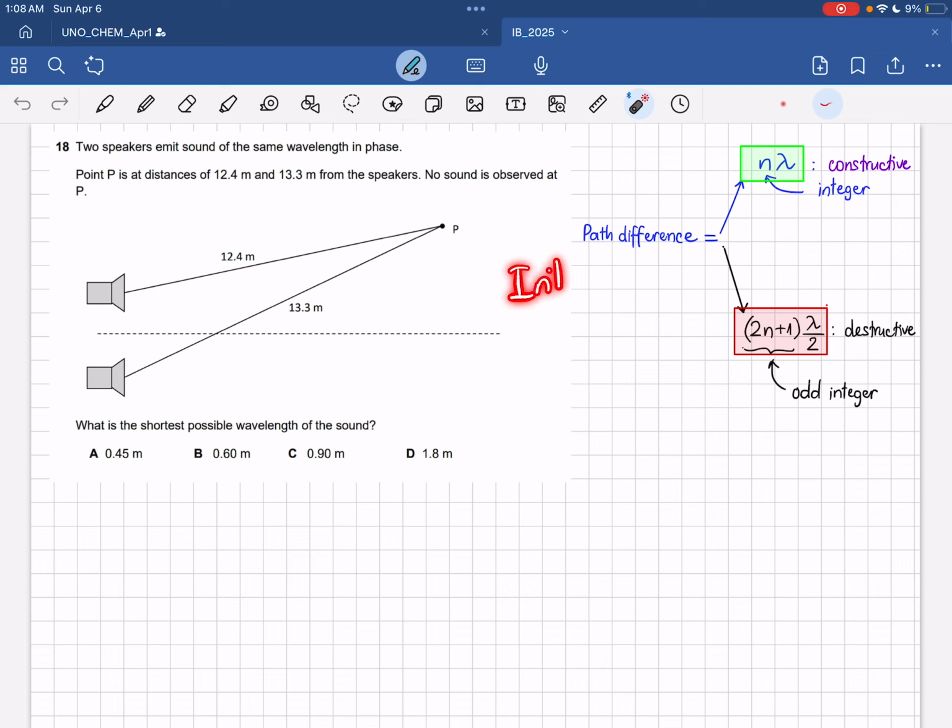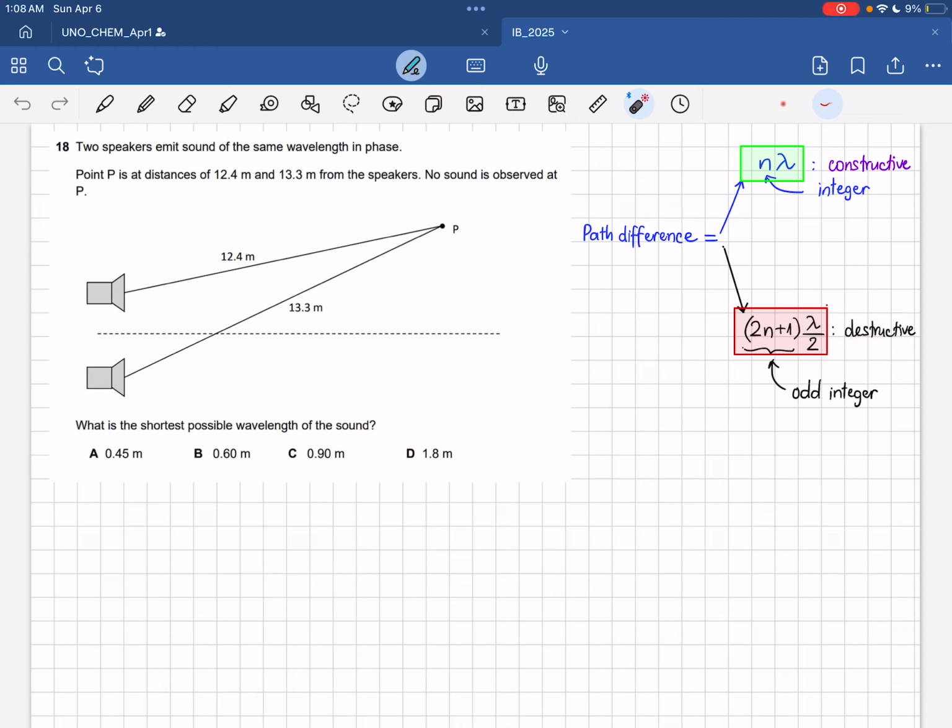Interference is a phenomenon where you have two sources that are coherent to each other, and it can generate a pattern of bright fringes and dark fringes, that is, constructive interference and destructive interference on the screen.